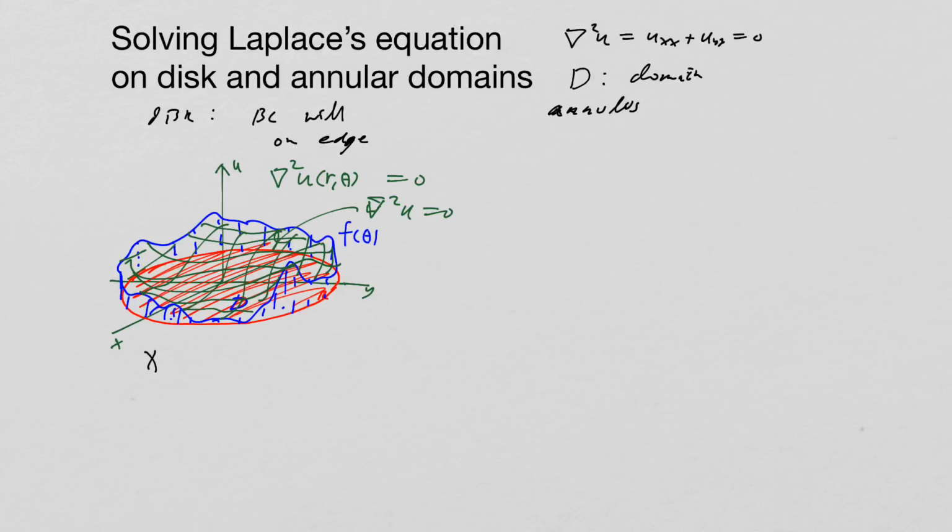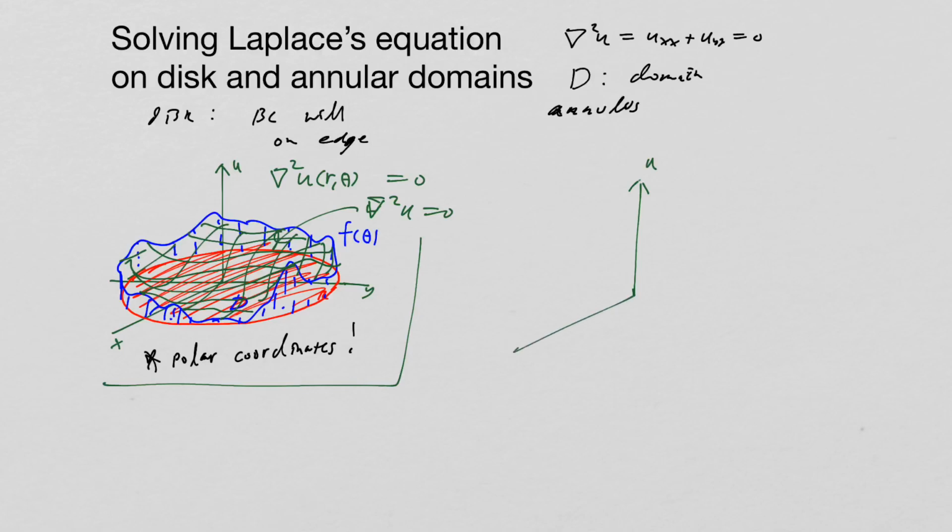Of course, the big thing here is we're going to use polar coordinates. But before we get started, we're going to be focused most of our time here on the disk in this video, but I did want to mention that in another future video we'll talk also about the annulus, like this.